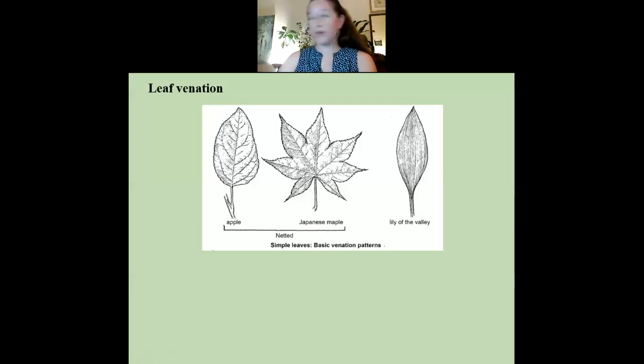Here you can see simple leaves, basic venation patterns. And on this layer, it says netted venation. What that means is that the veins spread out like a net.